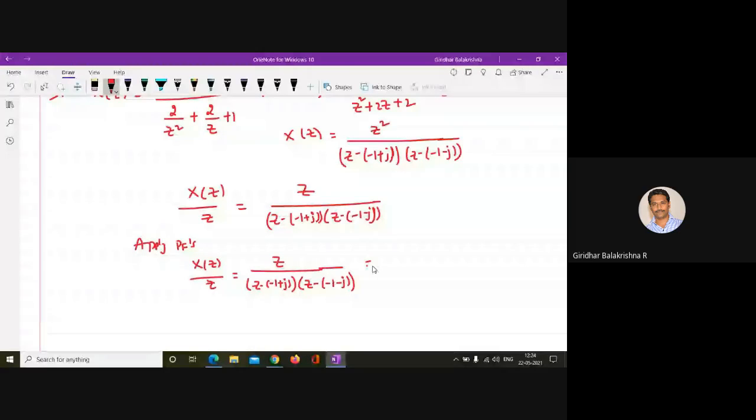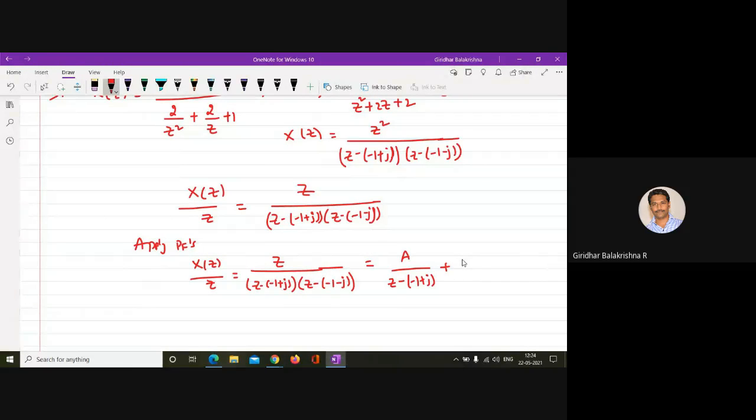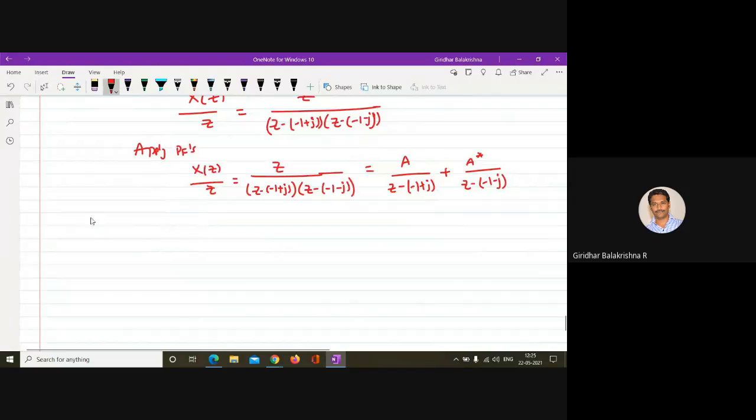Tell me, if you apply partial fractions, it is A by z minus of -1 plus j, and the second one is A conjugate. Why? Because for -1 plus j, -1 minus j is its complex conjugate. Therefore, simply you can represent A conjugate by z minus of -1 minus j. First, if you calculate one, the second one will be its conjugate.